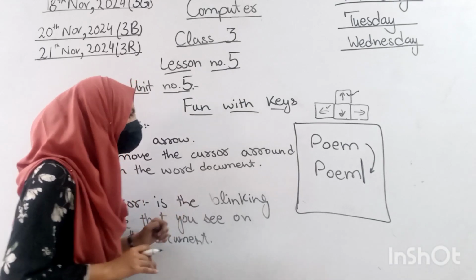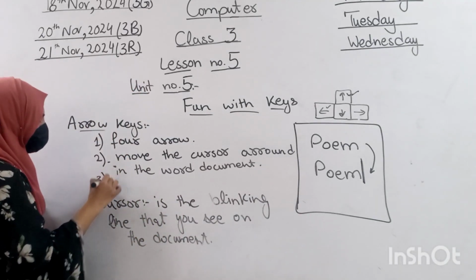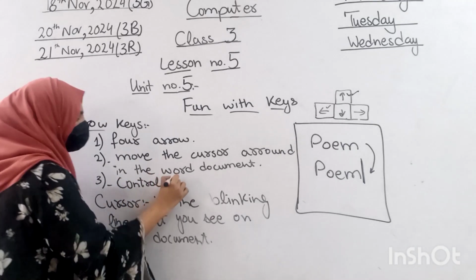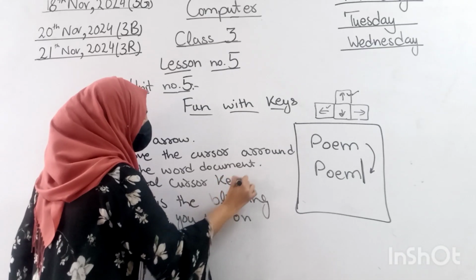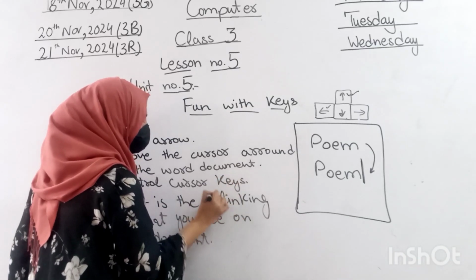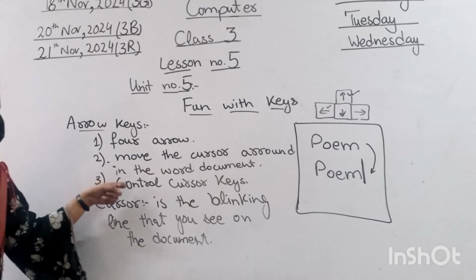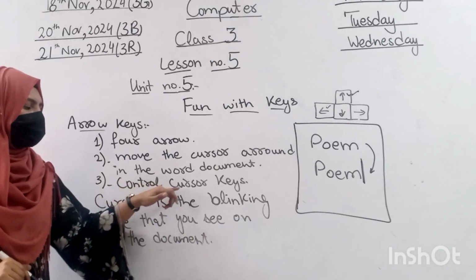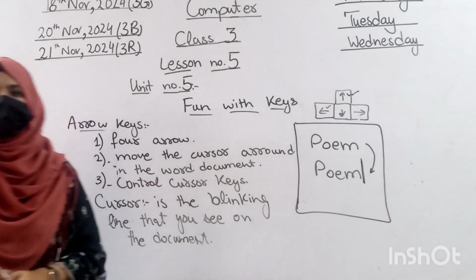These are the functions of arrow keys, and arrow keys are also known as control cursor keys. Why do we call arrow keys the control cursor keys? Who will tell me? Yes, Ibrahim. Very good. Because they control the position of the cursor. That is why we call it control cursor keys.